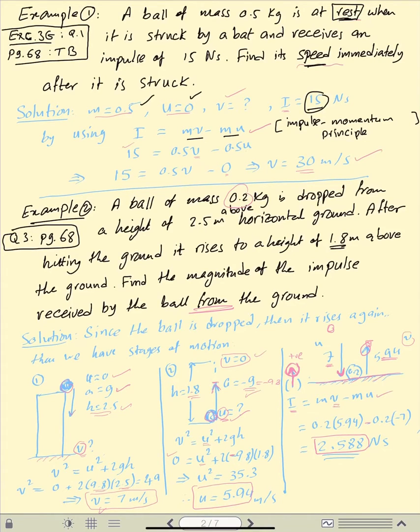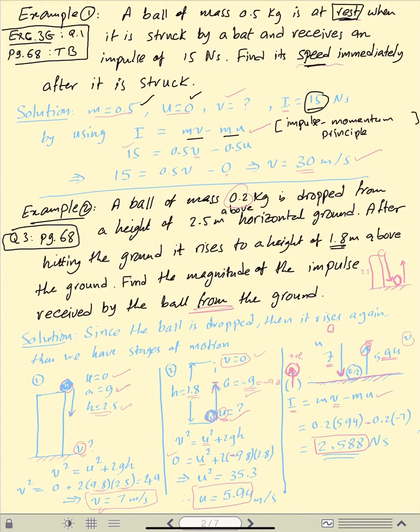My dear students, I'm just sketching quickly: the particle was above the ground at a height of 2.5 meters, dropped from rest, and the ball hits the ground and rises again. So we have stages of motion. We have to work step by step to find what he wants.